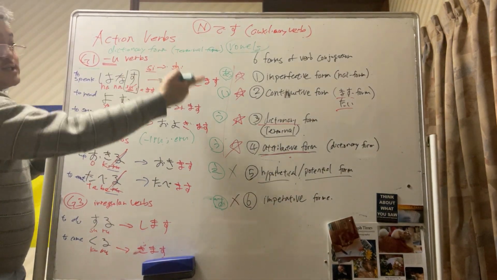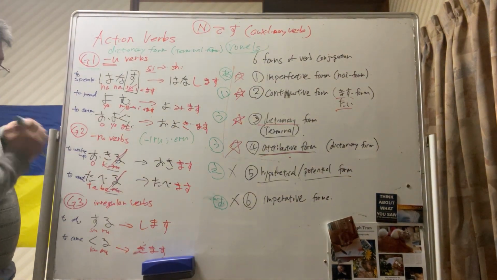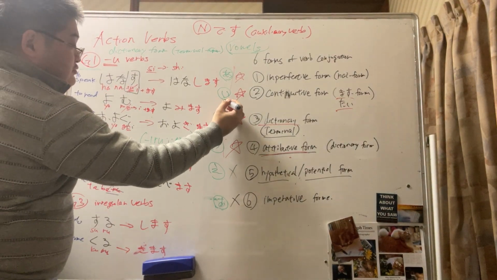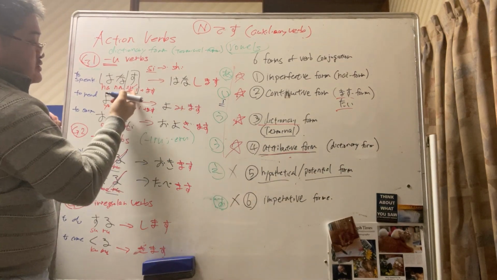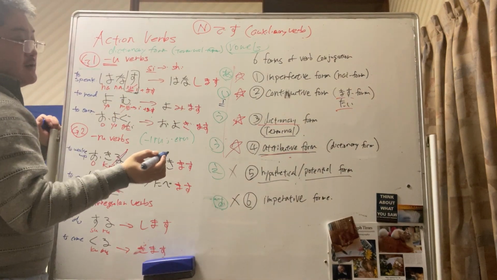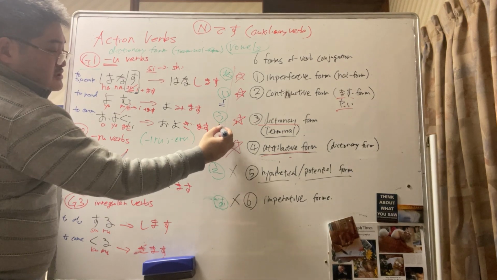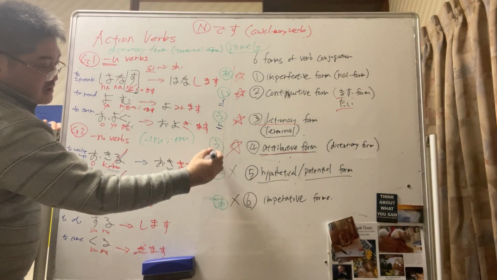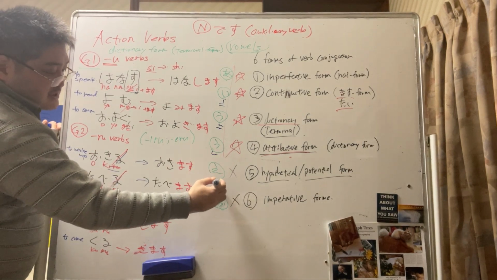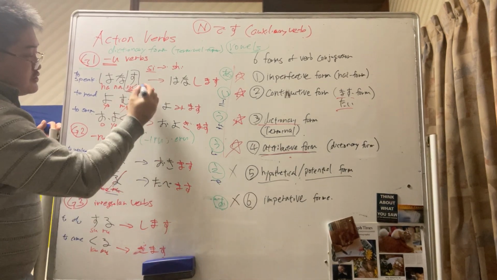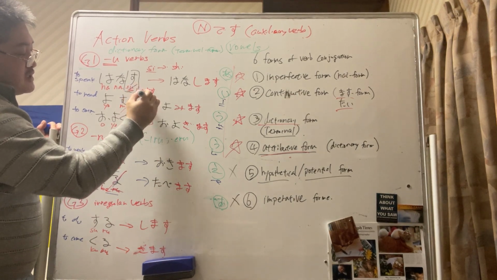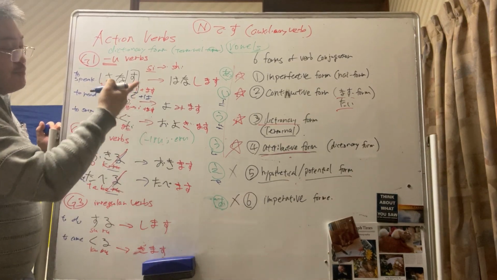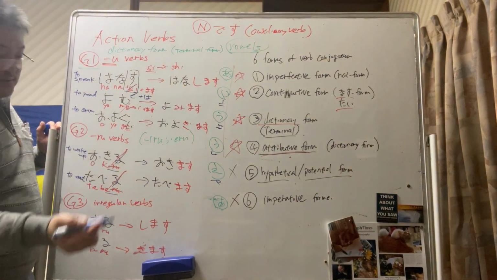So this is why it's the 6th form of conjugation. This is the E, which is why it takes E. The dictionary form ends with the U sound, which is why it comes here, and the attributive as well. The hypothetical takes the A. You change U into E plus ba. That's the hypothetical. So hanaseba means if I speak.